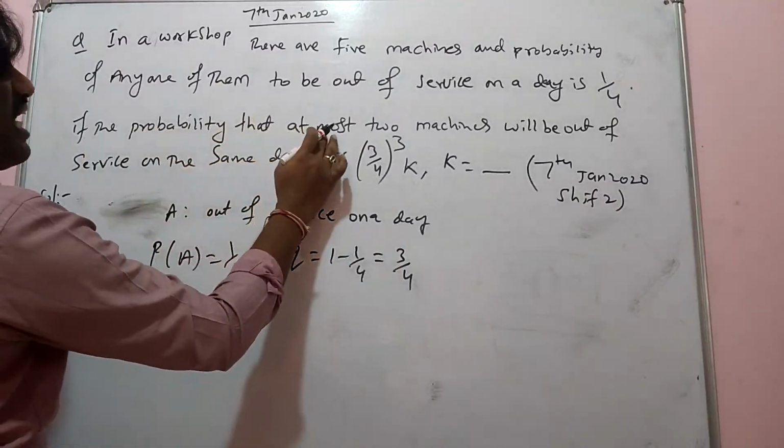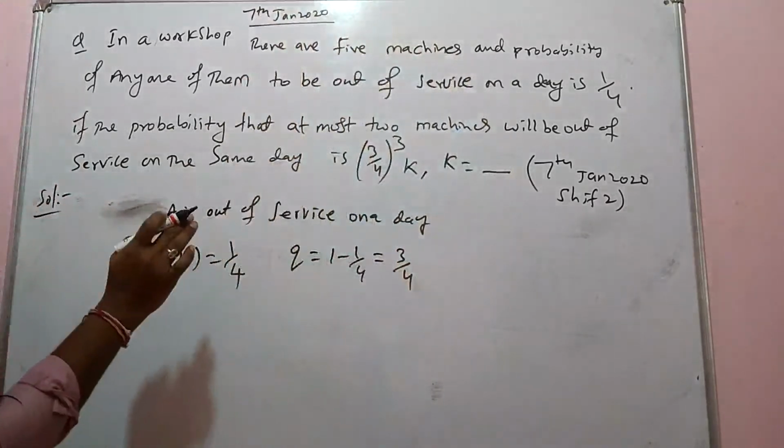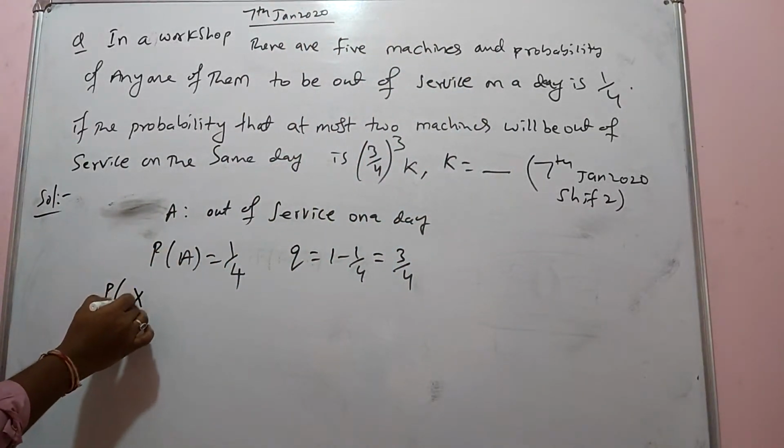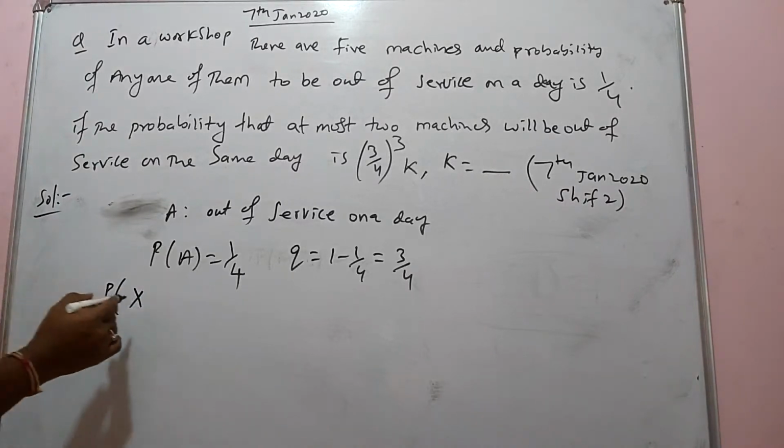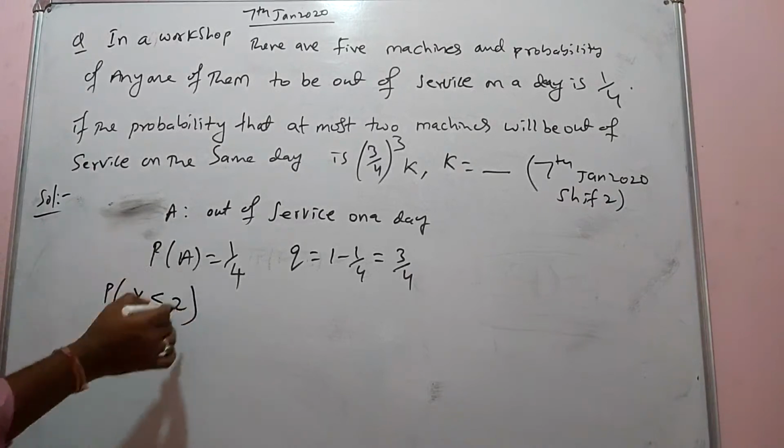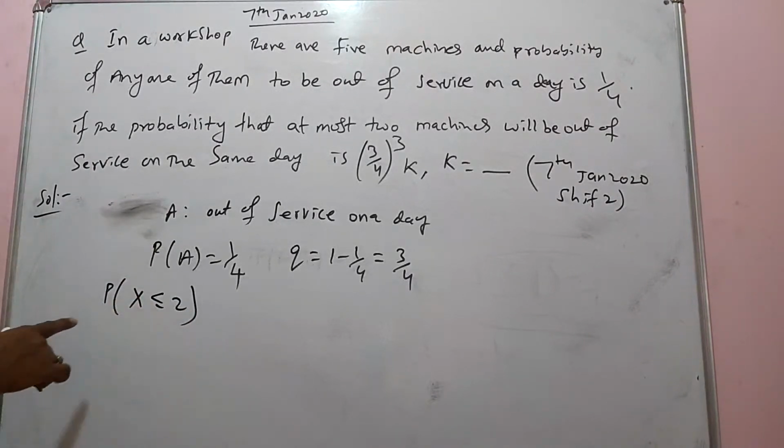Find the probability that at most two machines will be out of service. So X should be at most two. At most two means 2 or less than 2, so 0 to 2. It means we have to find the probability of X less than or equal to 2.